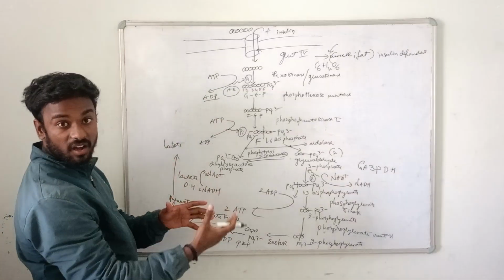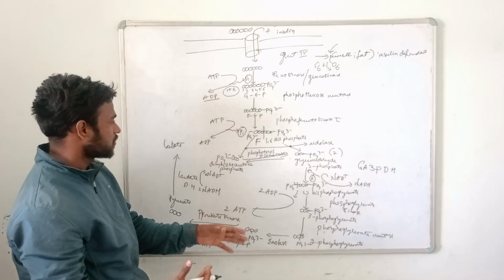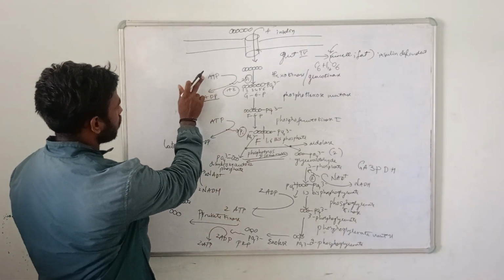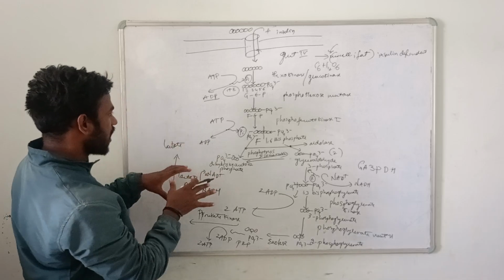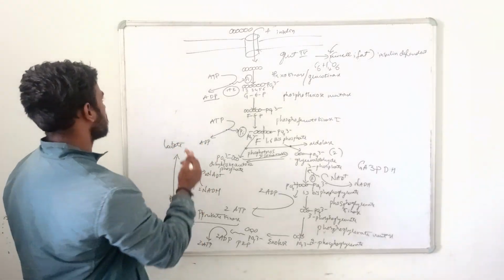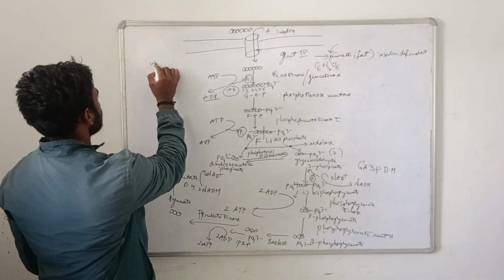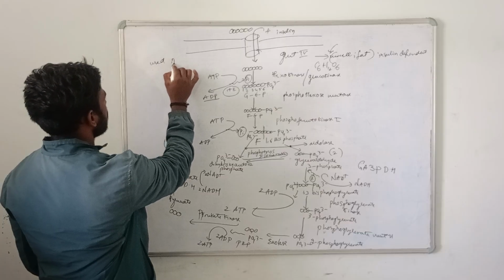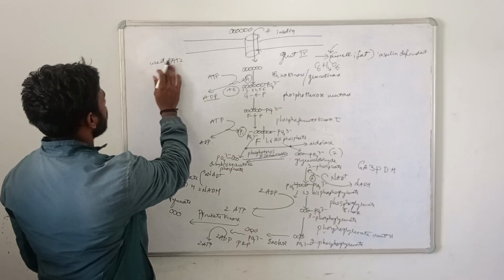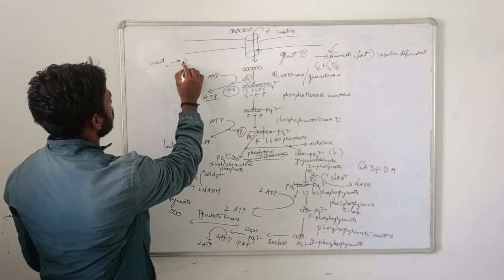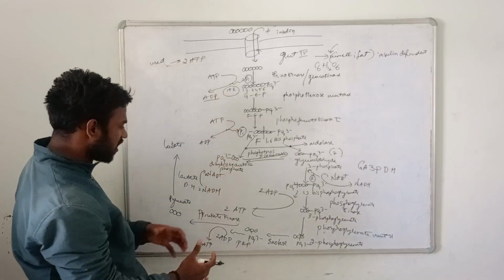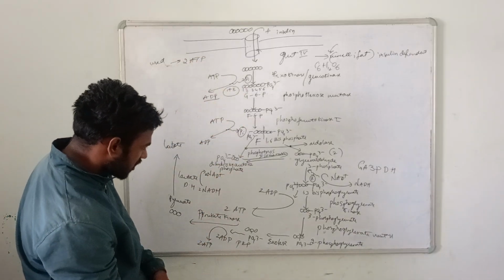How many ATP molecules are required to assist these steps? Here we have 1 ATP, 1 ATP. So we have supplied only 2 ATP molecules to assist this entire step. So ATP used are 2 ATP. How many ATP are produced in this entire process?